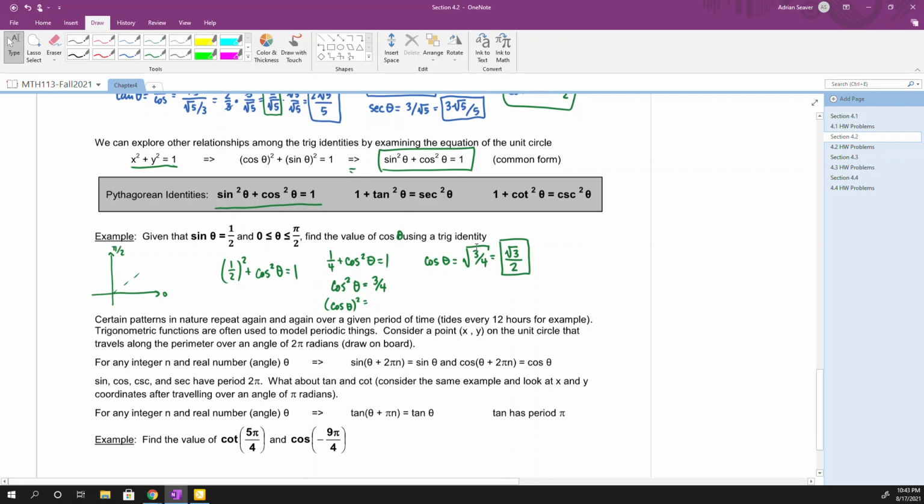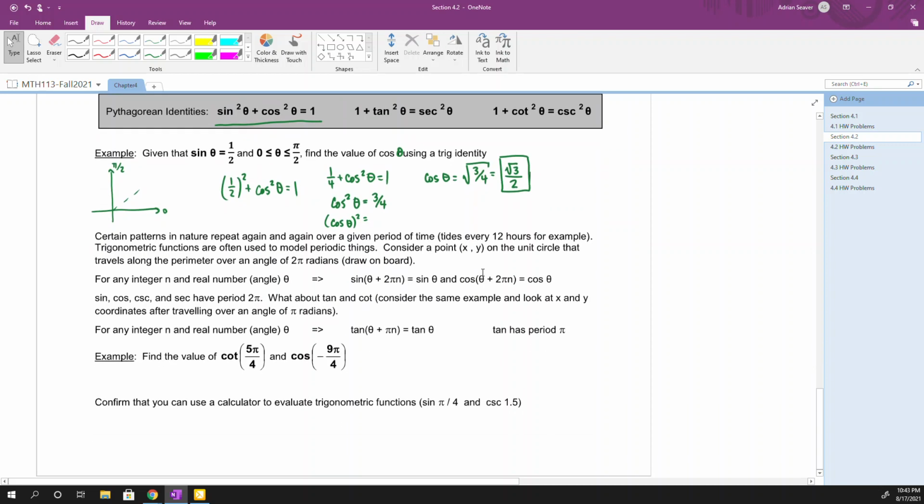Okay. So the last couple things I wanted to cover here, in particular, was the period that these trig functions cover. So if I have a point x comma y on a unit circle, so I'm on the unit circle here. Oh, that's bad drawing.